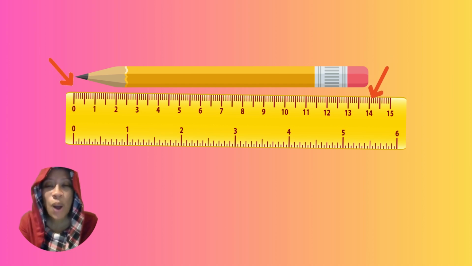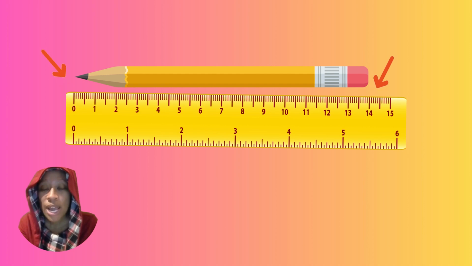All right, boys and girls, what you all been waiting for is time to measure. Now, whenever you measure an item, make sure that the item starts at the 0 and whatever number it ends with, that's our measurement. All right, so we have a pencil and the point of the pencil starts at the 0.